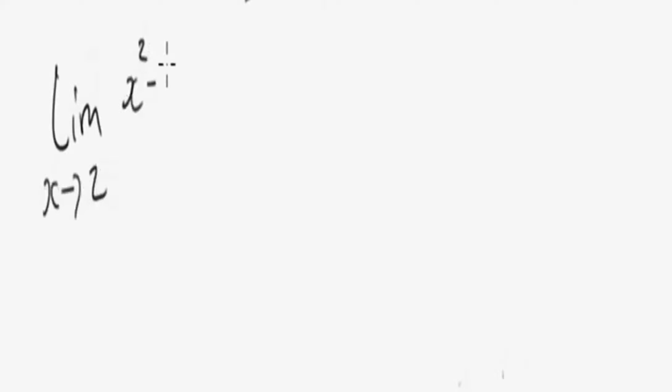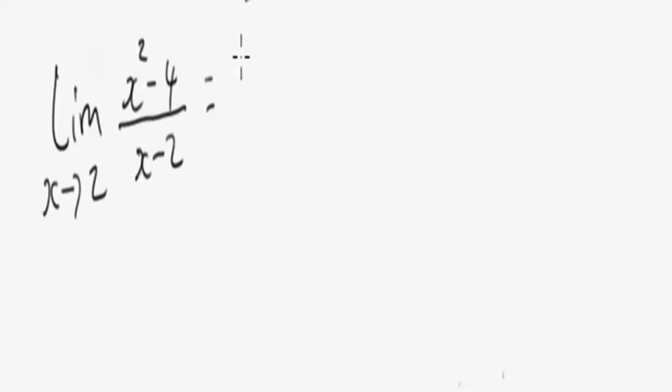Now let's look at a simple example of the factorization method. You are given a question of this nature: limit x tending to 2 of (x squared minus 4) over (x minus 2). How will you solve this question? Very simple, you factorize first before substitution.